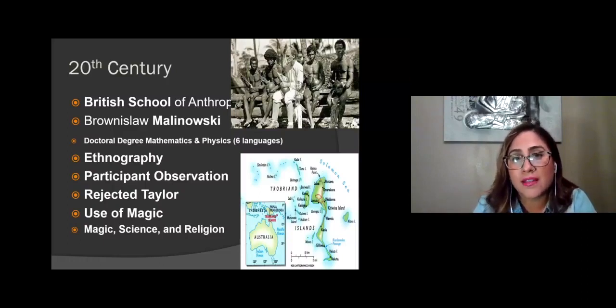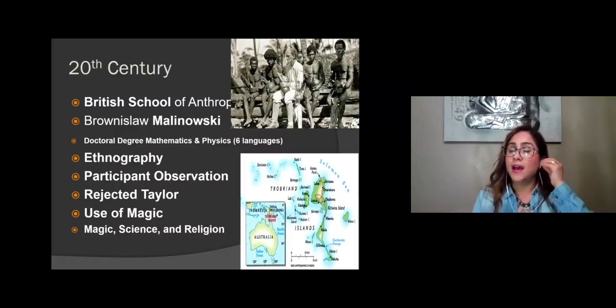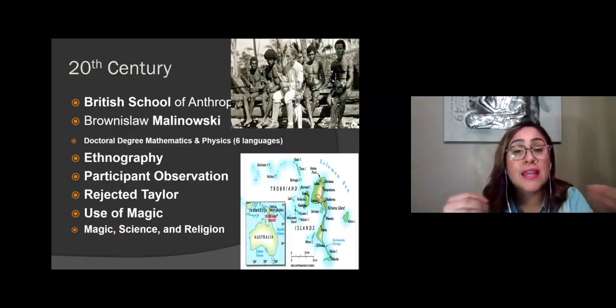And just as science uses a scientific methodology to test something and to create an effect, in this case, the Trobrianders have a long tradition of using practices such as magic, in the case of asking for food, in agricultural practices, harvesting practices, in healing practices. There's a cause, there's a request, and there's an effect.